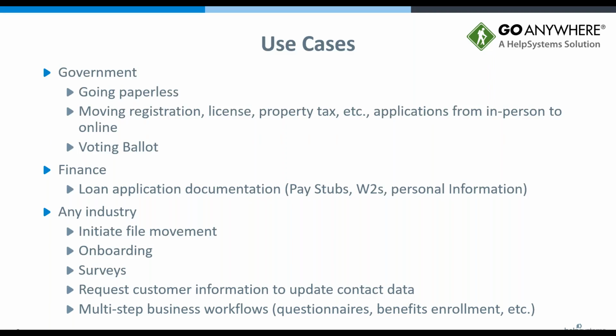Some of the use cases we wanted to discuss: we've helped customers set up secure forms, and probably my favorite one, I might have had something to do with it so it's near and dear to my heart, is that in the 2016 election, we leveraged secure forms for absentee voter ballots.